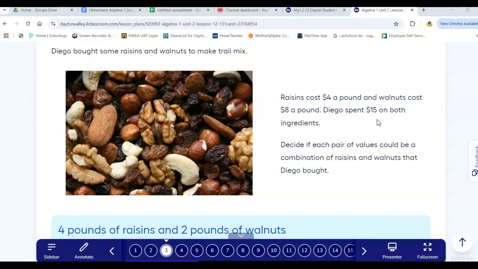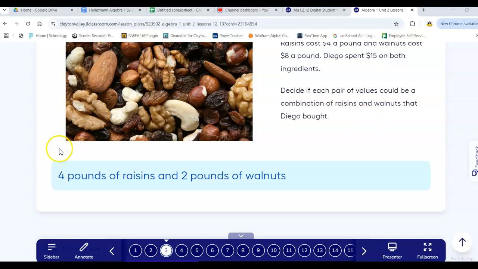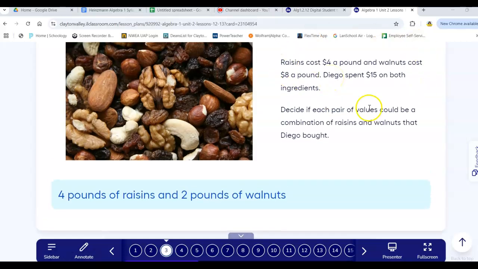So your first job is going to be to take these several situations and apply them to your situation. You don't have to have an equation to do this. You know that if you have 4 pounds of raisins, you're going to multiply that by $4 a pound. So that's $16 right there.